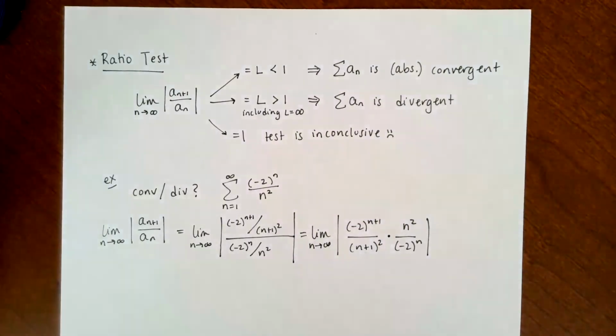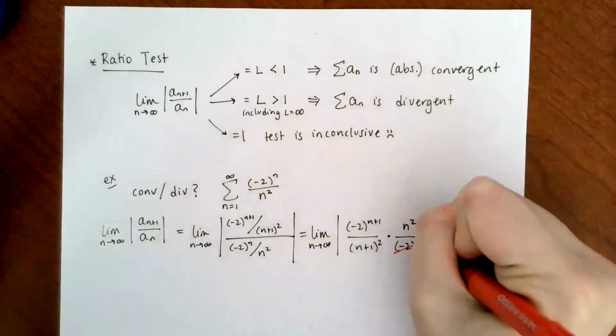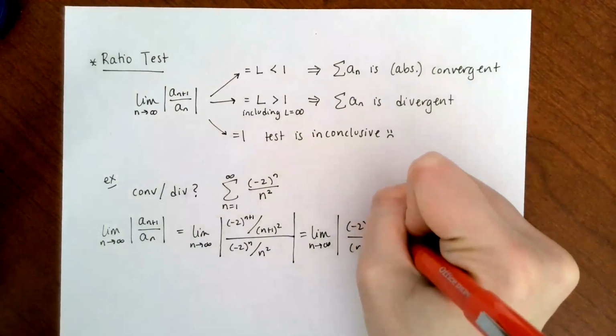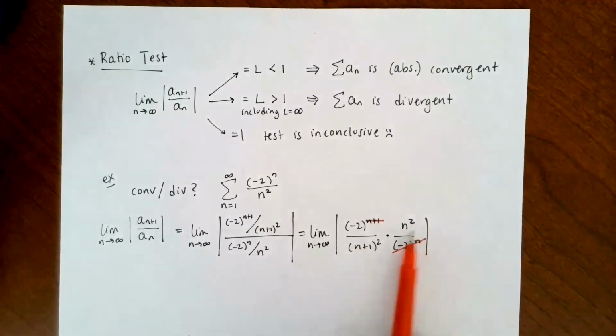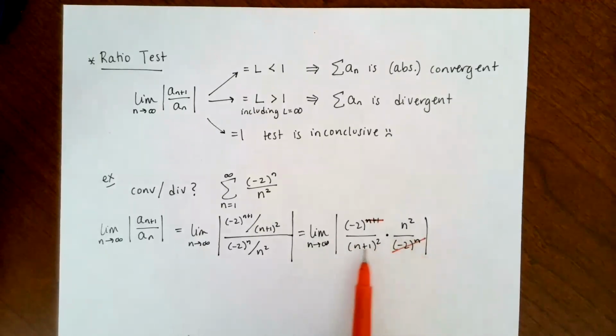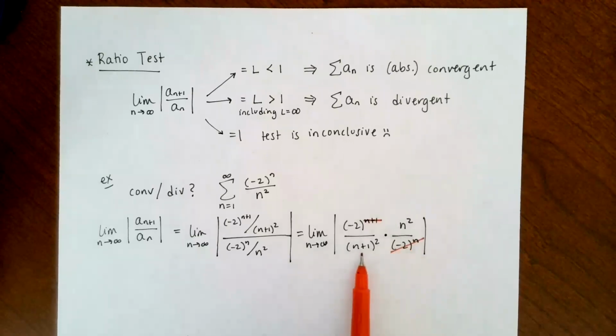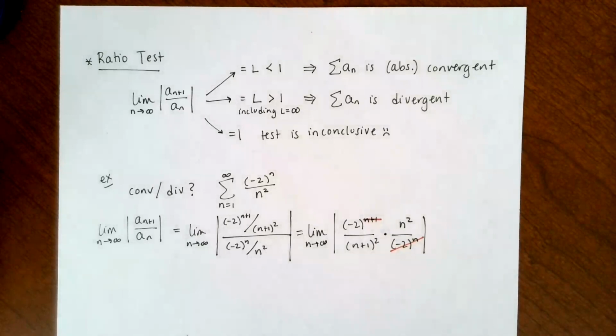Okay, so I have some cancellation here. We have different powers of -2 that can cancel. So all n of these cancel with n of those. So there's one -2 left over up top. The n squared and the (n+1) squared don't directly cancel each other at all, but we can combine them into (n over n+1) squared if we want to think of it that way, or just leave them as they are, which is what I'm going to do.